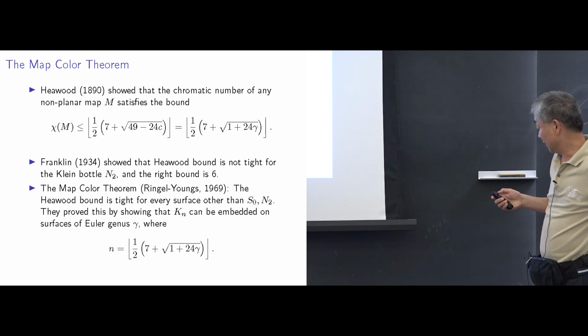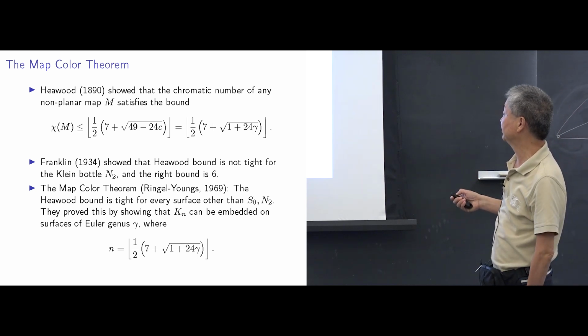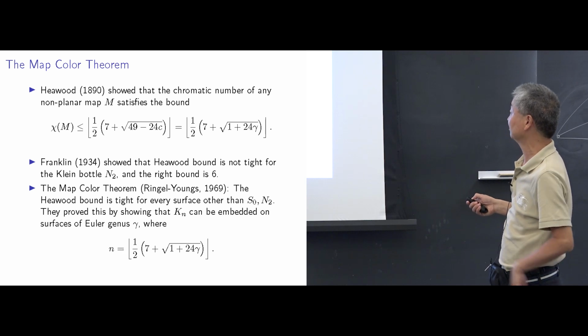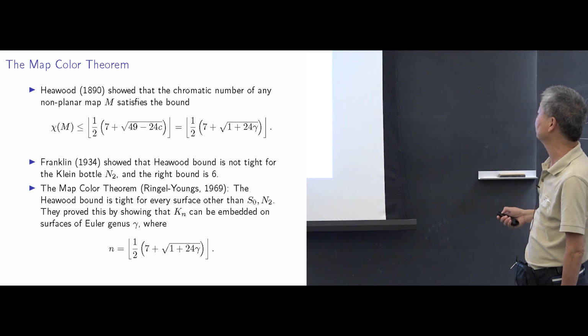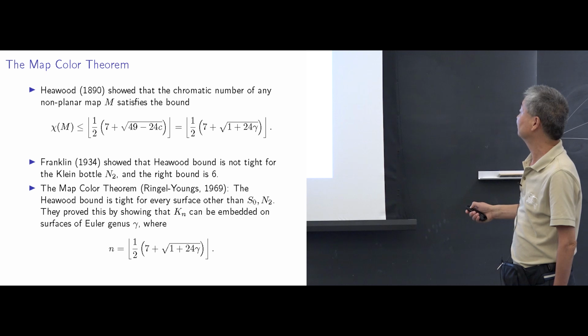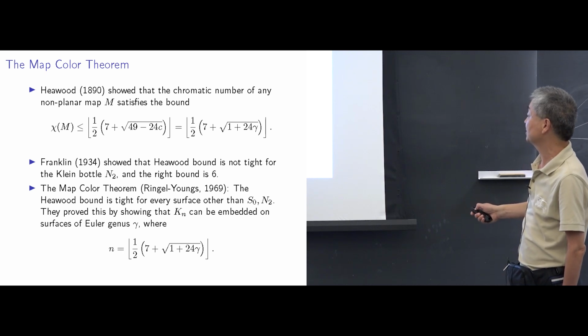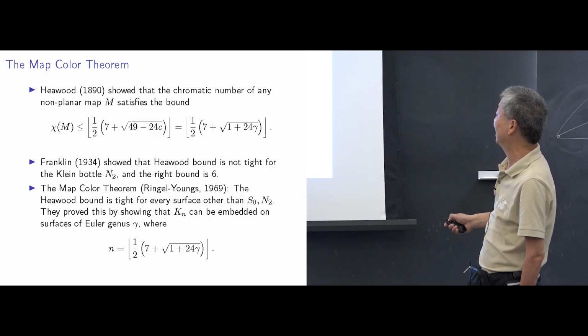And so he extended the map coloring problem from the sphere to the general surface, and he proved this bound. It shows that for every map M on the surface of Euler characteristic C, its chromatic number is always bounded by the floor of this expression.